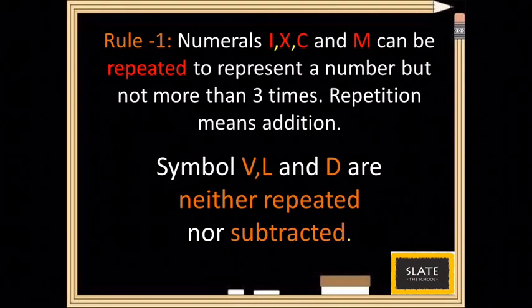Numerals I, X, C and M can be repeated to represent a number but not more than 3 times. Repetition means addition. And symbols V, L and D are neither repeated nor subtracted.